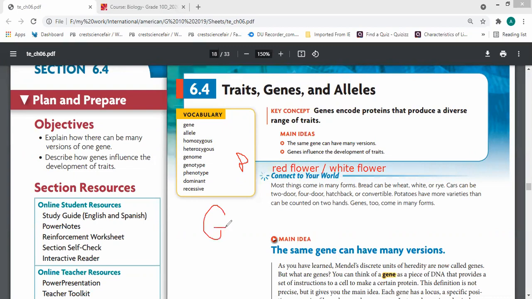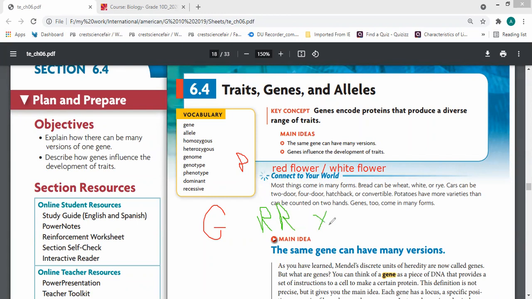G, the gametes. The gametes are represented by letters. Red flower, we know that red flower is the dominant flower color in pea plants. So it is represented by capital, capital. Pure dominant.